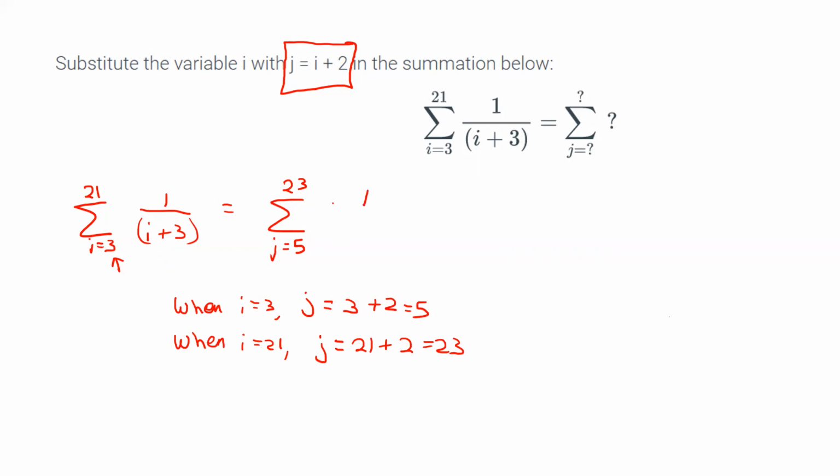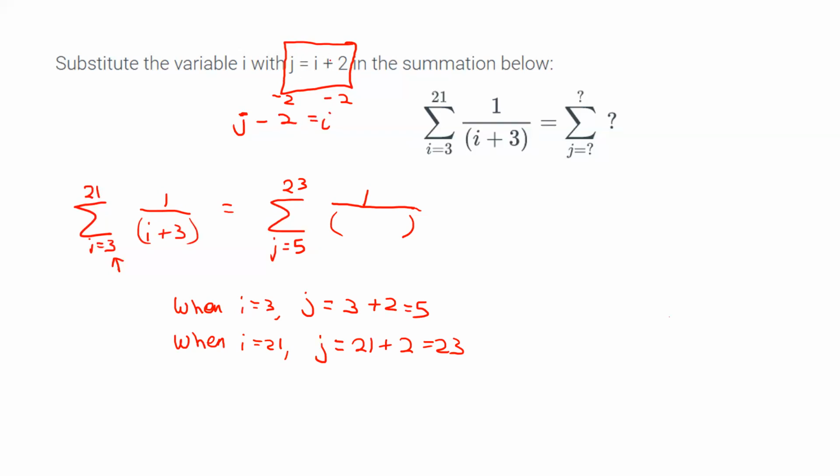And then I'll have 1 over, and what do I have here? So when you get to this part, that's when you need to rewrite this in terms of solving for the one variable that's not solved for at this point. So here we have this little equation solved for J. Let's solve it for I. So we would subtract 2 from both sides. So we get J minus 2 equals I. See that?